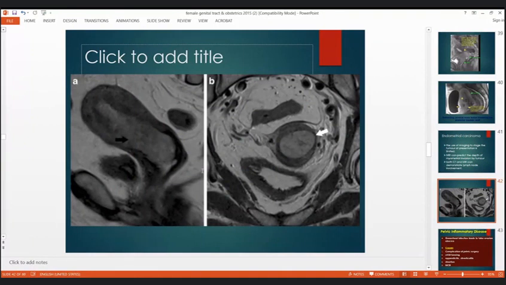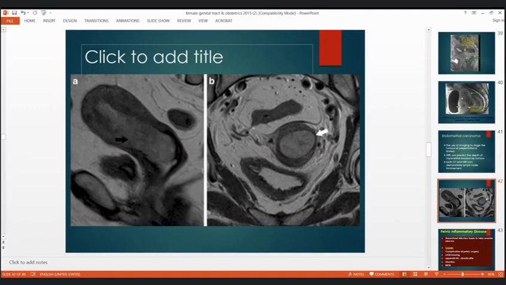If ultrasound shows thickening of the endometrial cavity, this could represent endometrial carcinoma or endometrial hyperplasia. The next step in the workup is to perform endometrial biopsy. If endometrial biopsy shows endometrial carcinoma, then the next workup will be by MRI.